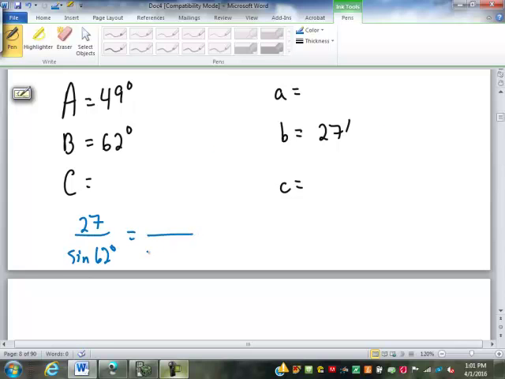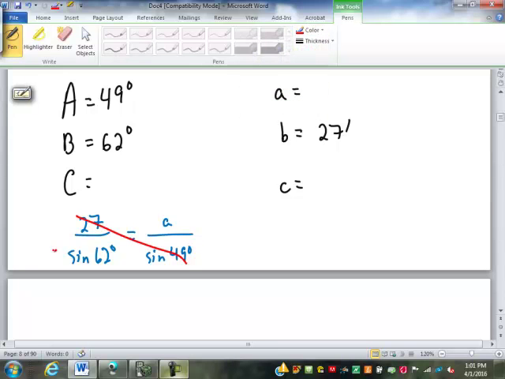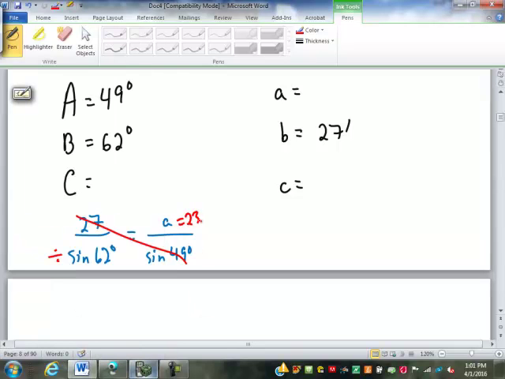The only other piece of information we're given is angle A, which is 49 degrees, so it's going to be little a over the sine of 49. Cross multiply: 27 times sine of 49 divided by sine of 62. 23.08. So A is 23.08 feet.